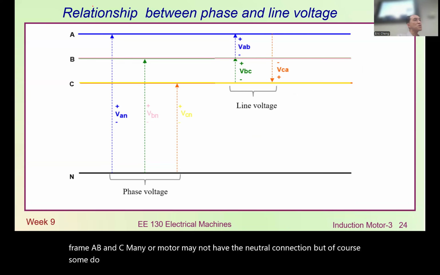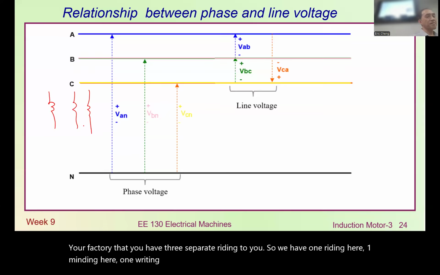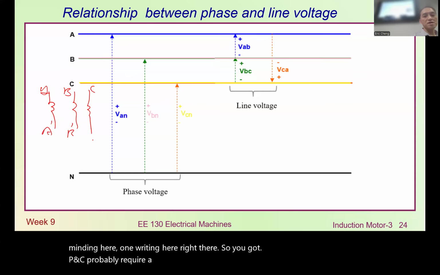And then when you see an induction motor come to your factory, many of them will have 3 separate windings. So we have 1 winding here, 1 winding here, 1 winding here, like that. So you have A, B, and C, and probably we call the other ends A dash, B dash, and C dash. You see the winding voltage will be fixed.